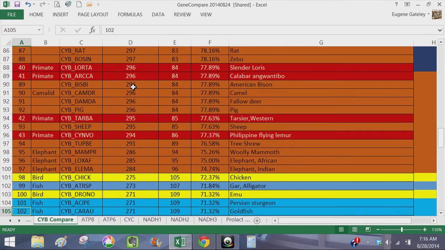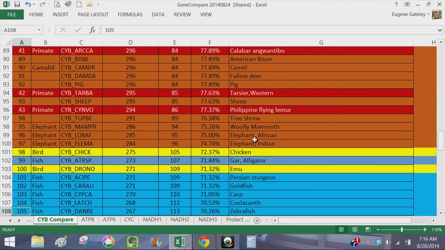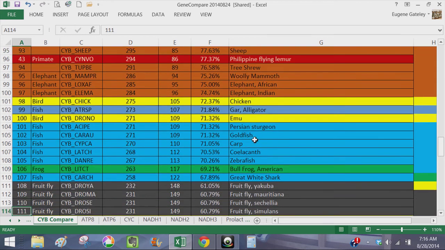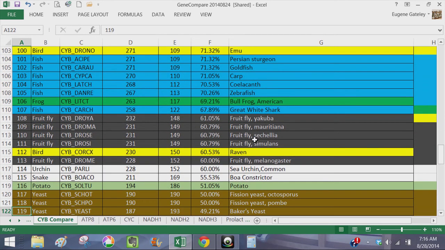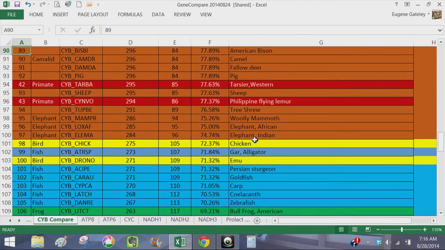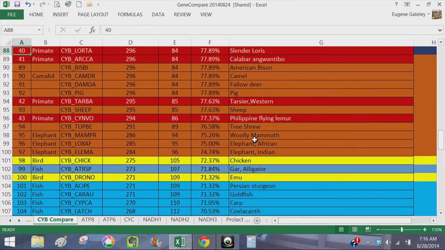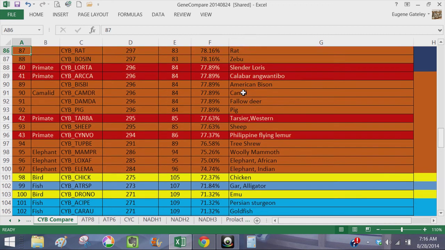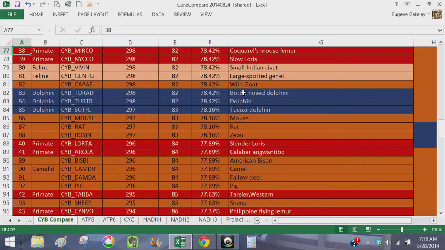So far down the list now, we've got the Philippine flying lemur being the last primate on the list, less similar to human than all the non-primates above, including American bison, a camel, a pig, and so forth. Rats and mice are more similar to human than this Philippine flying lemur.